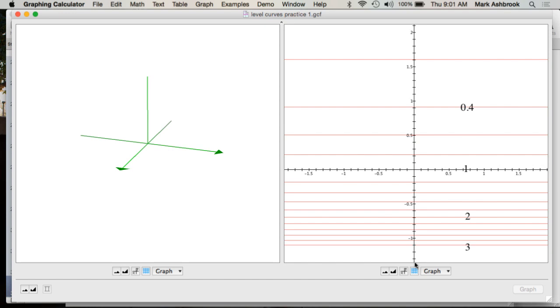Our two variables are x and y, our input. Instead of an independent variable, we have an independent plane. Choose any ordered pair x and y, and your function will give you one unique z, one unique z for every ordered pair x and y.